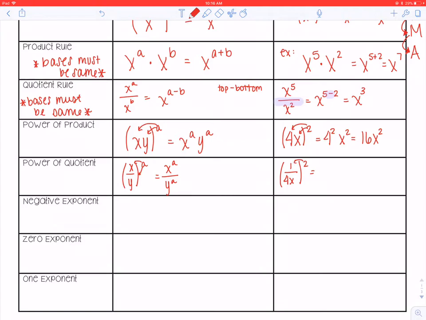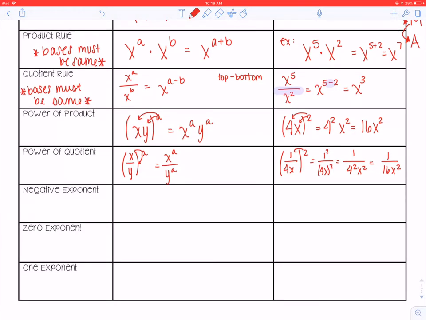I'm going to square the top, square the bottom. Now on the bottom, I have two things being squared, so I'm going to apply the power of a product. So I have 4 squared x squared, which will give me 1 over 16x squared. So just an example of that.